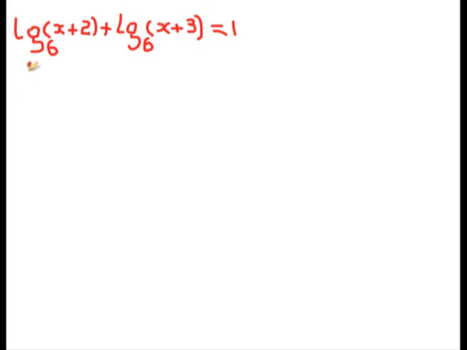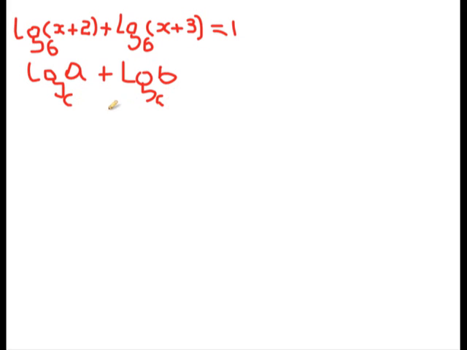When we have log base c of a plus log base c of b, the base should be the same.